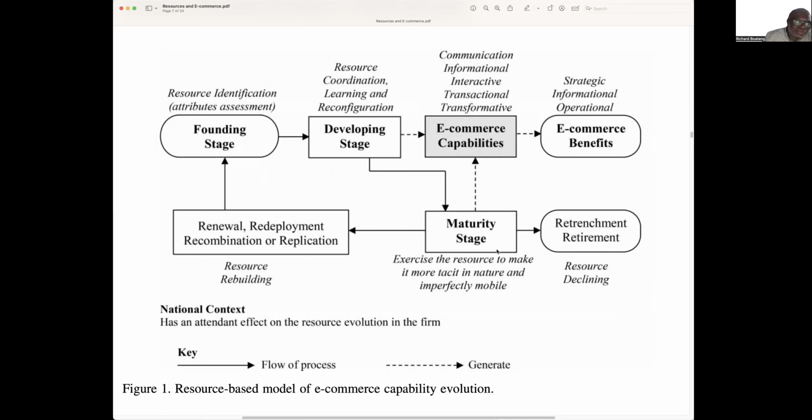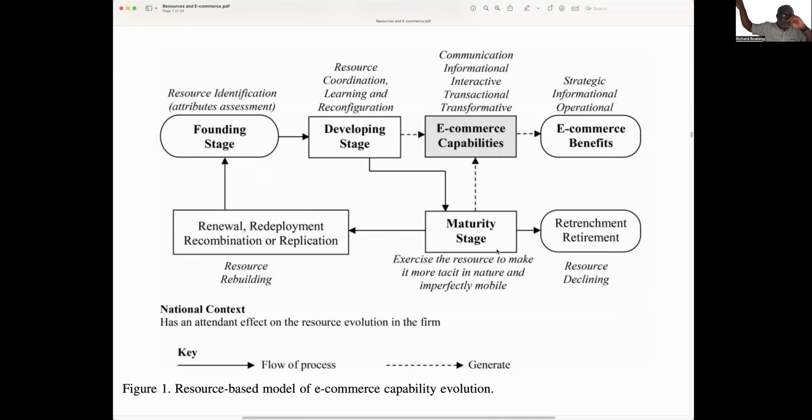Now, after it gets to the maturity stage, the firm, according to the theory, may seek to renew. That's coming from the dynamic capabilities. Seek to renew the resource, redeploy the resource into another market, combine the resource with another resource to make it more valuable, or replicate it in another market. Others may also, if the resources decline, retrench the resource or retire the resource.